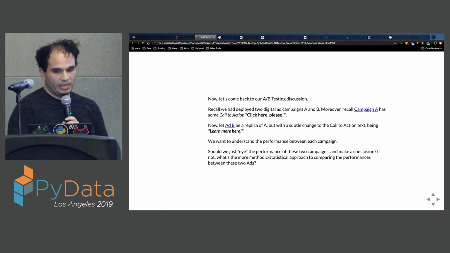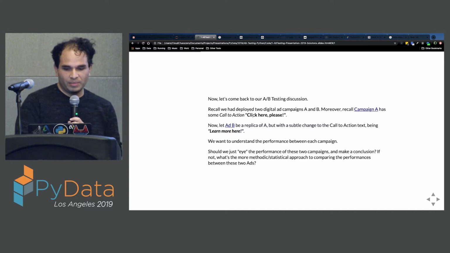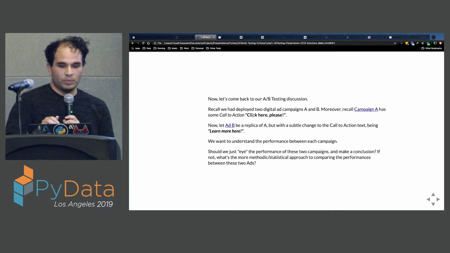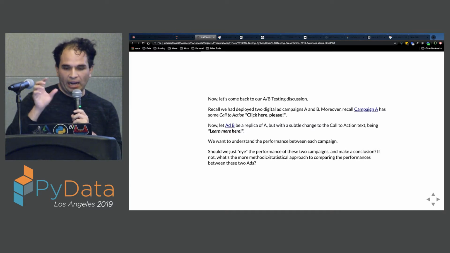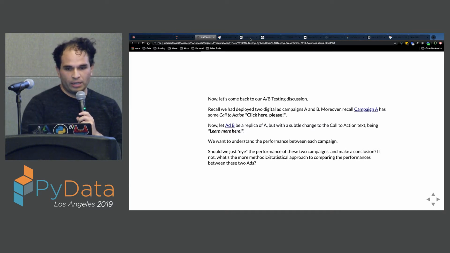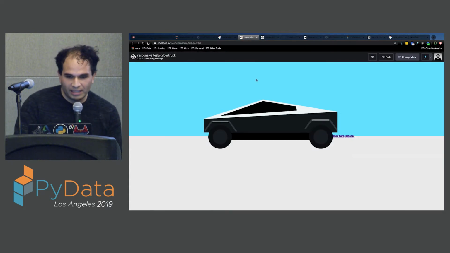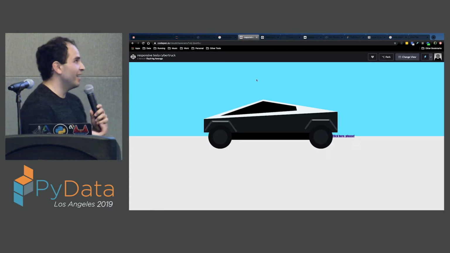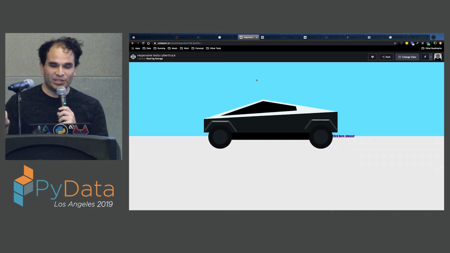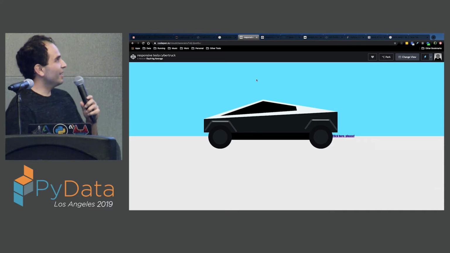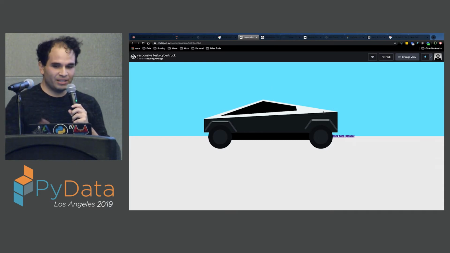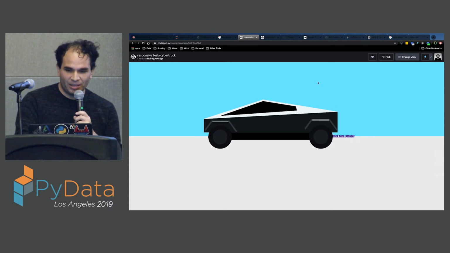For example, campaign A could be something like the text "click here please." And then ad campaign B would have something very similar to that, but with the call to action saying "learn more here." A quick example of that: say this is campaign A, and that truck sale you're potentially looking for, an ad came up for that, and you decided to click it.